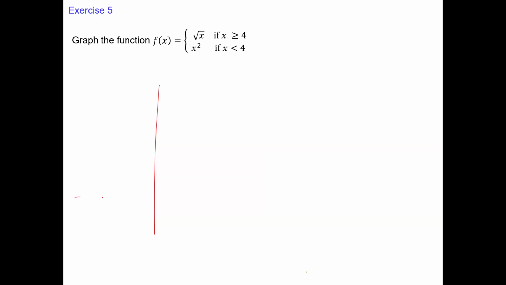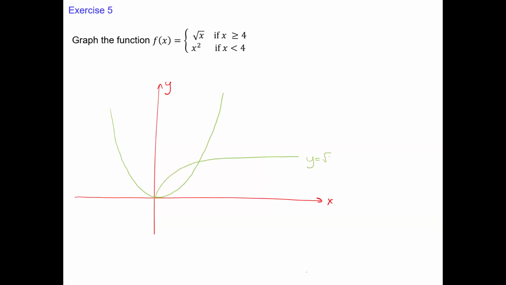Let's do it here. Everything is parabola and square root. Again, a little bit too big, but at least we have room now. We may probably guess that value, but we will calculate. This is 0. And then I believe 4 is somewhere here.